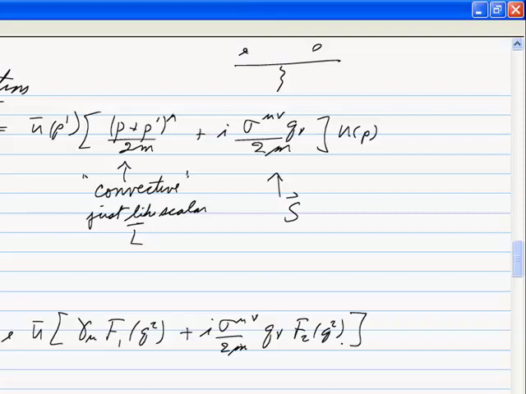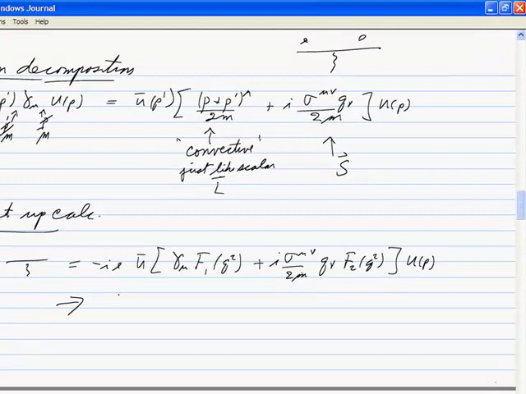And I argued that was a general decomposition because of the conservation of the current.